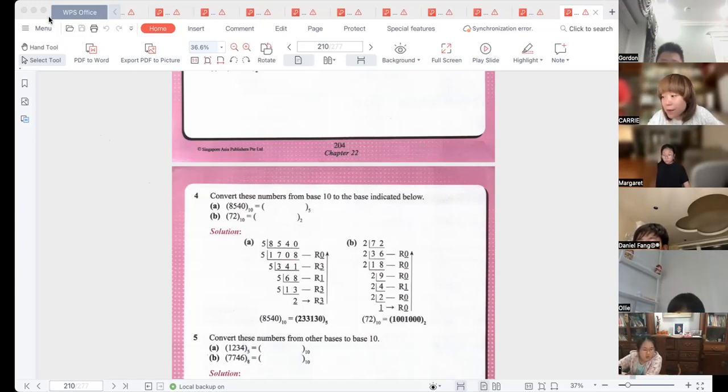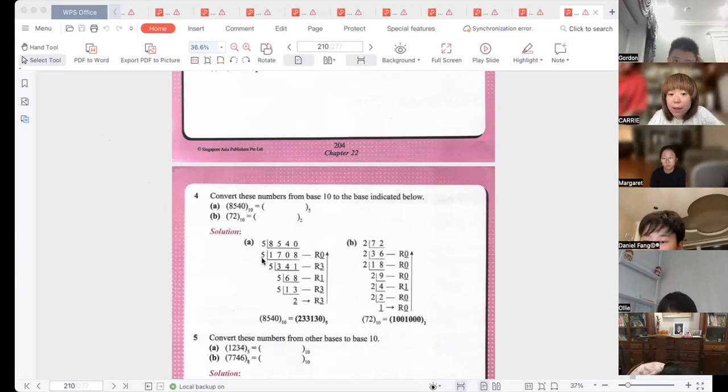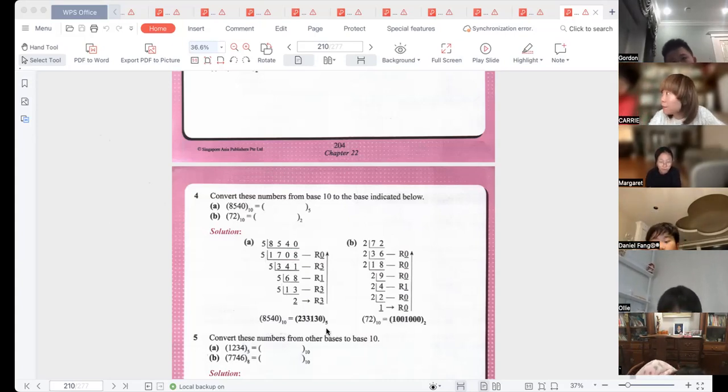So 8,540 divided by 5 equals 1,708. Okay, so the remainder is 0. And 341. Why is it like this though? It's because you are reversing back. 把10的 base 换成5的 base. Understand?